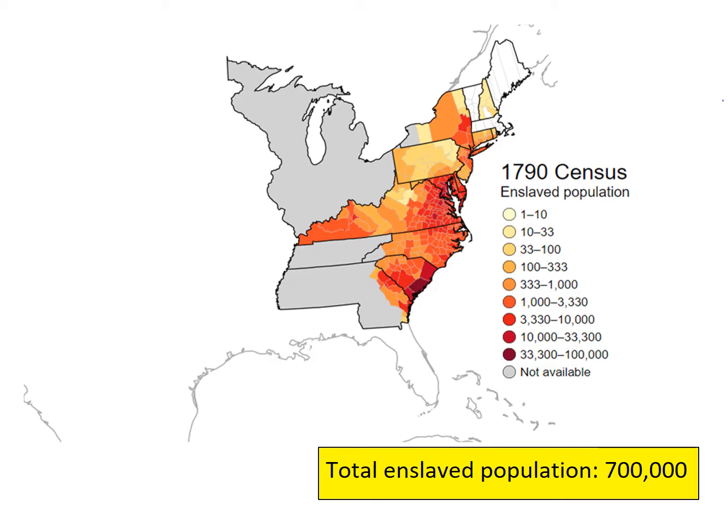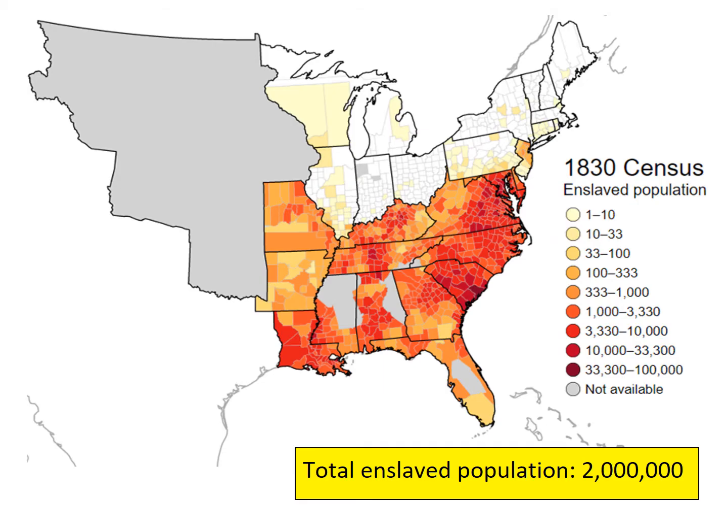You can see here that most of these slaves are towards the south, but there's still a significant number in the north. Now, I'm going to zoom forwards 40 years to the census of 1830. Let's look at what's changed. By 1830, the US had expanded, so it's a bigger region, but in addition to that, slavery had massively expanded.